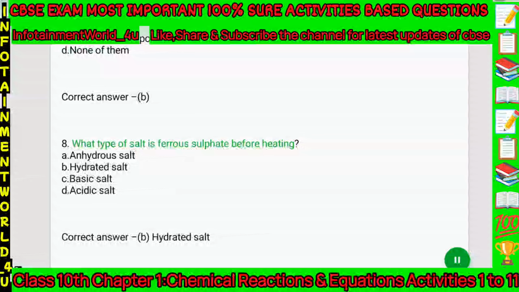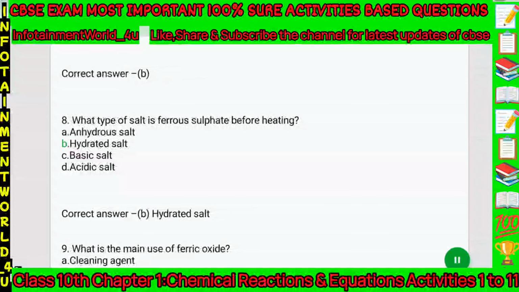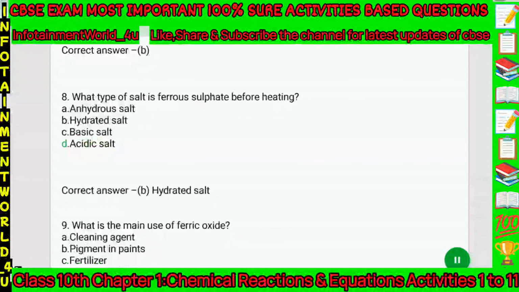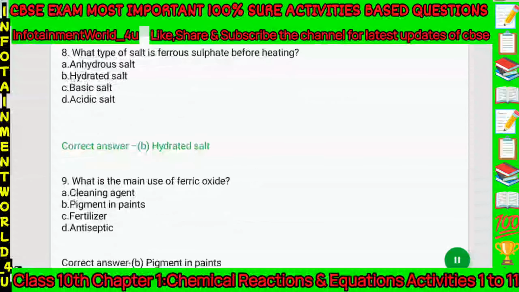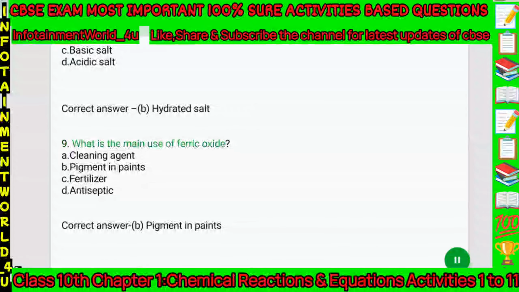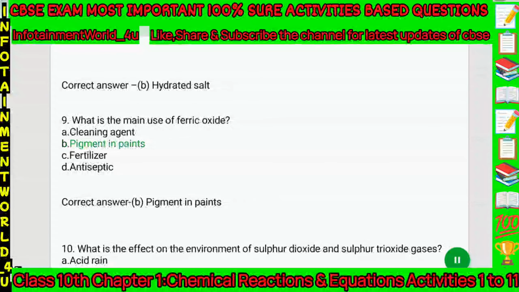8. What type of salt is ferrous sulfate before heating? A. Anhydrous salt. B. Hydrated salt. C. Basic salt. D. Acidic salt. Correct answer B. Hydrated salt. 9. What is the main use of ferric oxide? A. Cleaning agent. B. Pigment in paints.